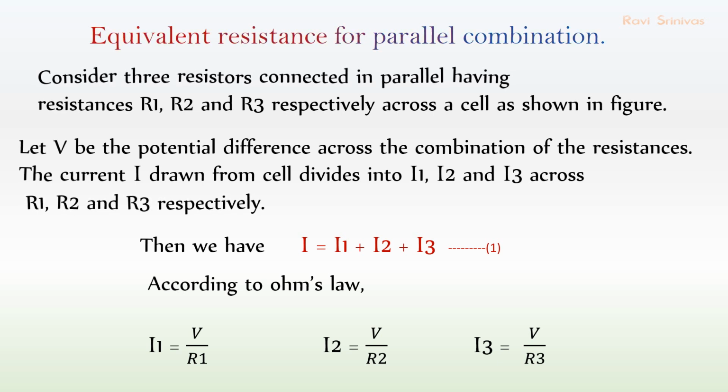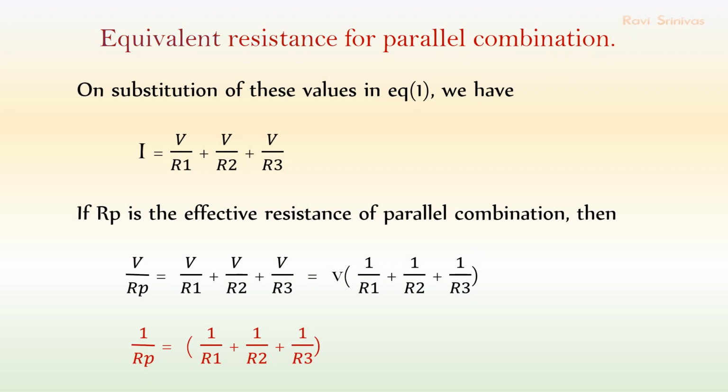As potential difference is same in parallel connection, we find I1 will be equal to V by R1, I2 will be equal to V by R2 and I3 will be equal to V by R3. Considering Rp to be the effective resistance in parallel, we can write V by Rp in place of I, the total current.